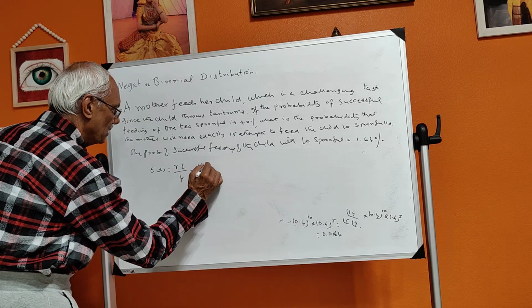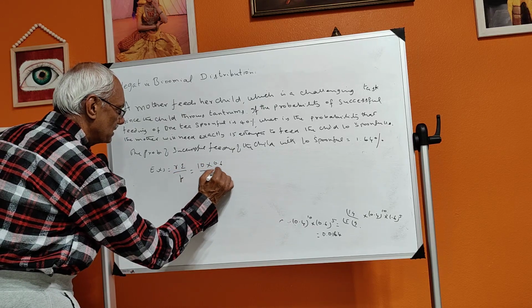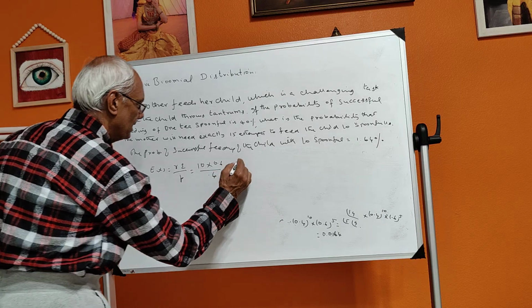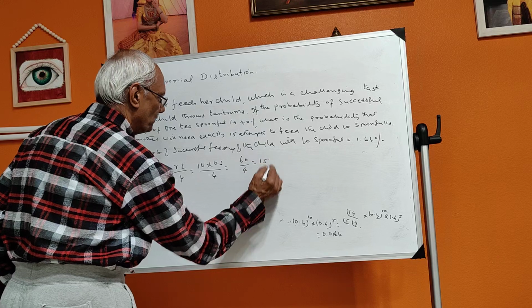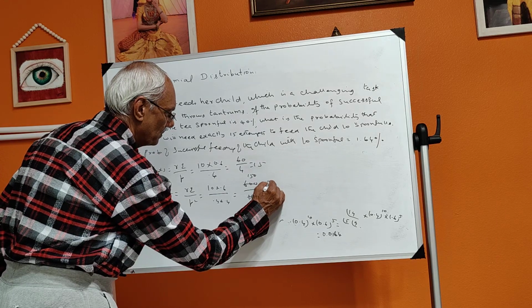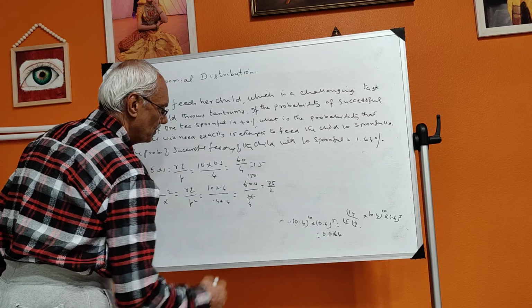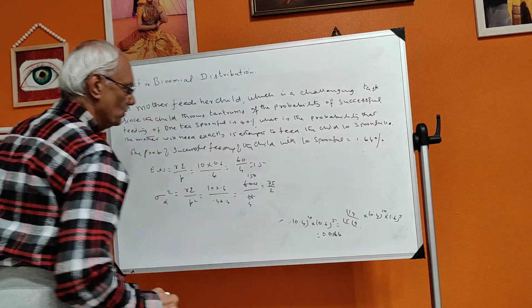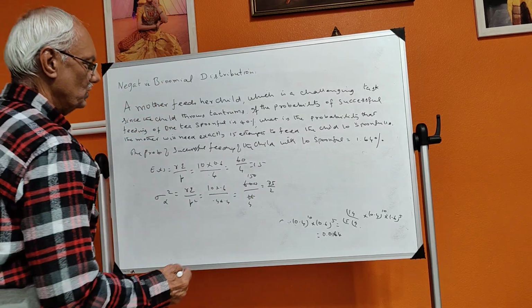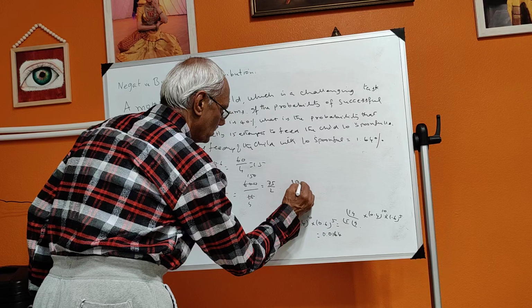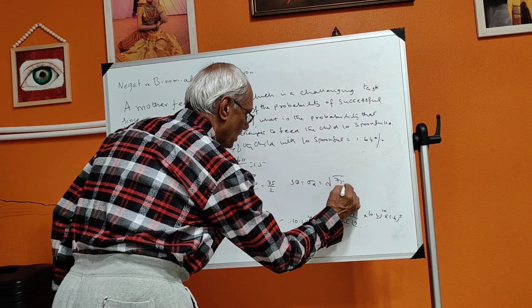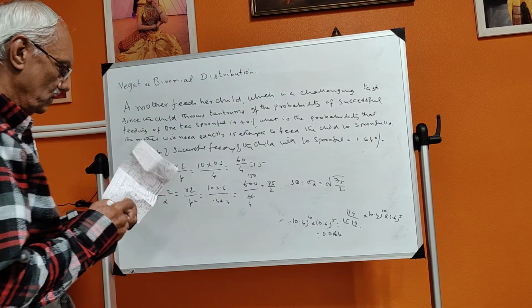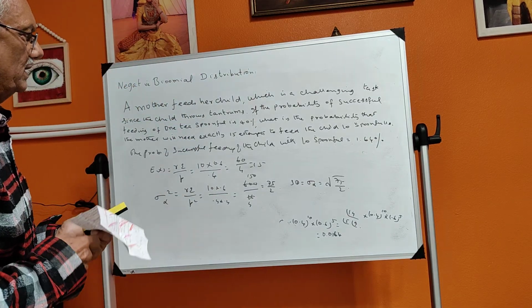R is 10, into 0.6 by 0.4, that is 60 by 4, which is equal to 15. So you get this, and from the variance we get the standard deviation.